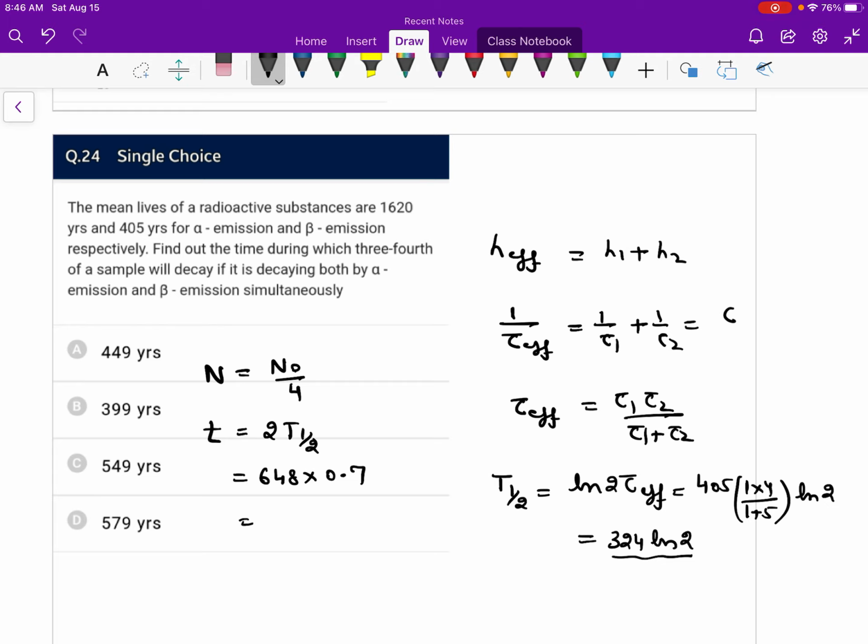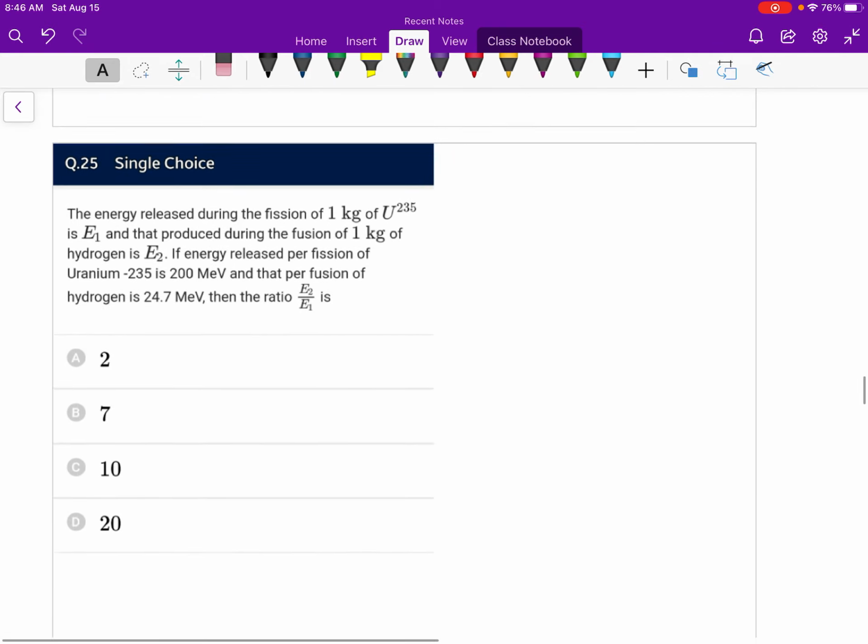So this is 453.6. So the closest option is 449 years. So A is the correct option.